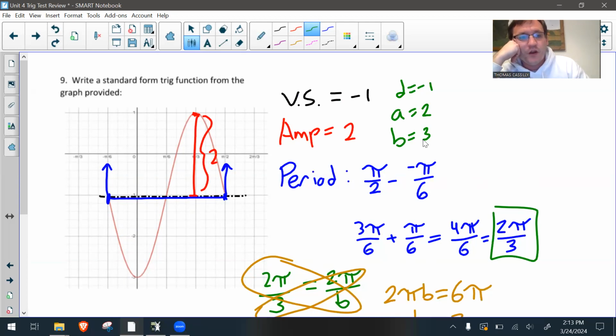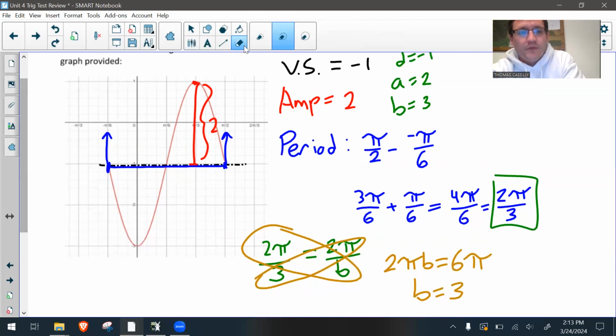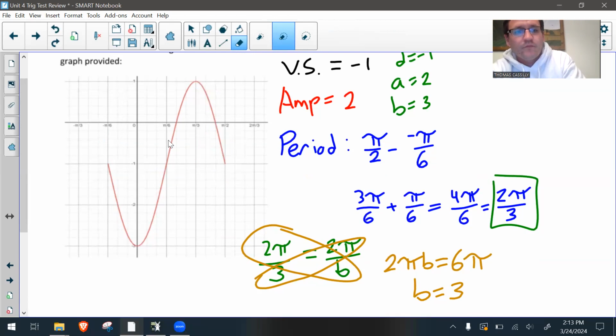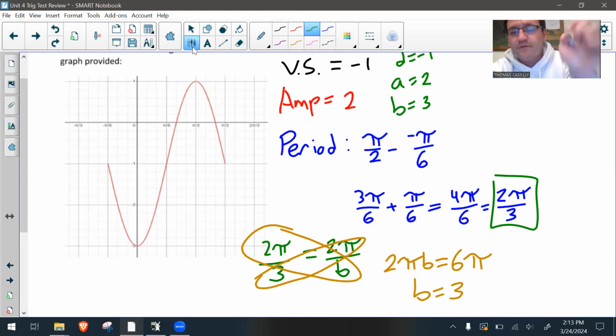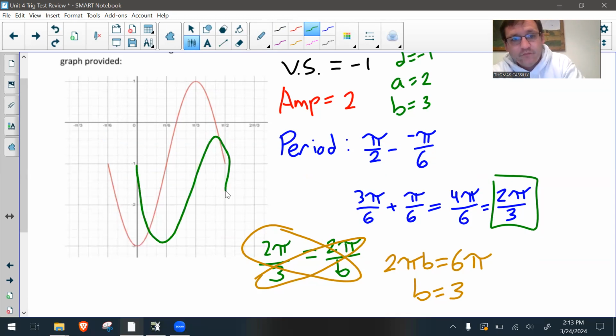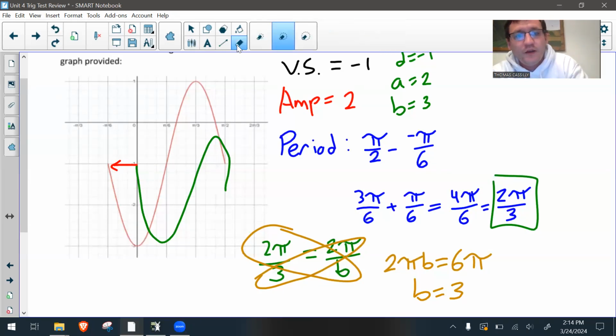And the phase shift. Now, I need to get rid of all of this. Normally, if we were to look at this graph without a phase shift, it would do something like that. That's kind of where it would start. So we need to think about how far back this thing got pushed.